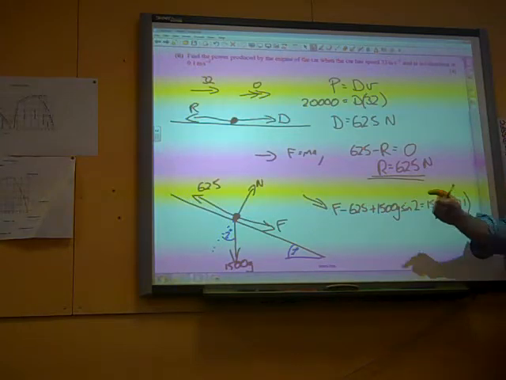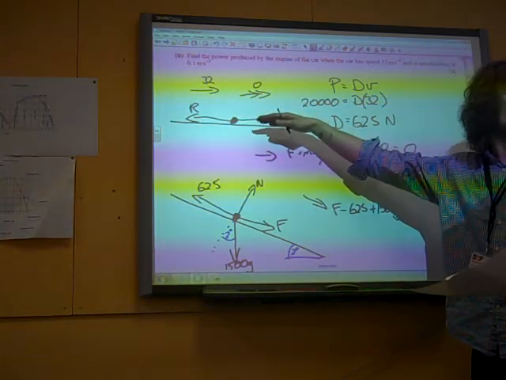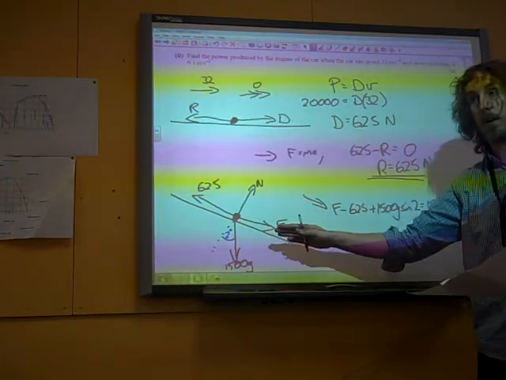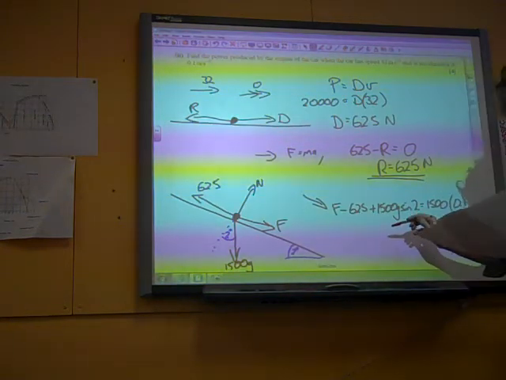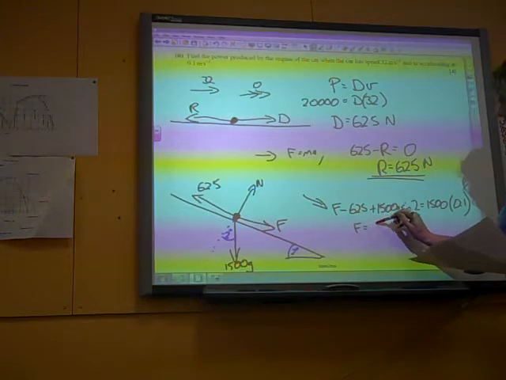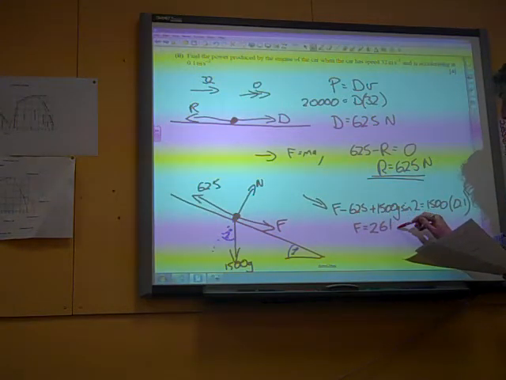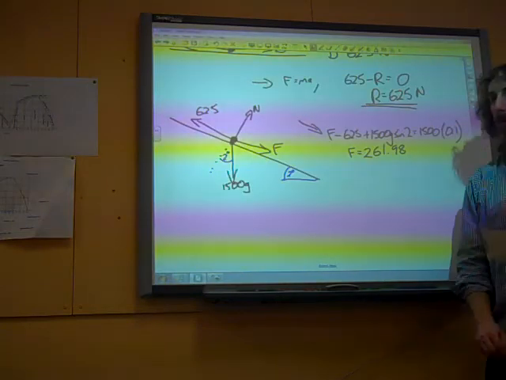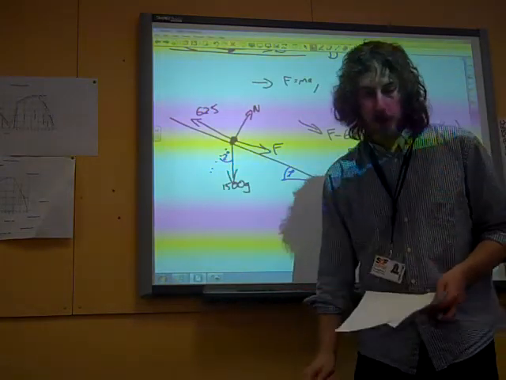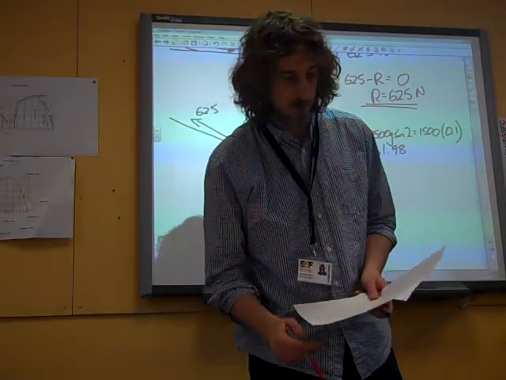We've got to remember the difference between being on a horizontal road and an inclined plane is the weight has an effect on the motion. If we solve this, we get that driving force as being 261.98 newtons. But the question didn't say that. The question said find the power produced by the engine.